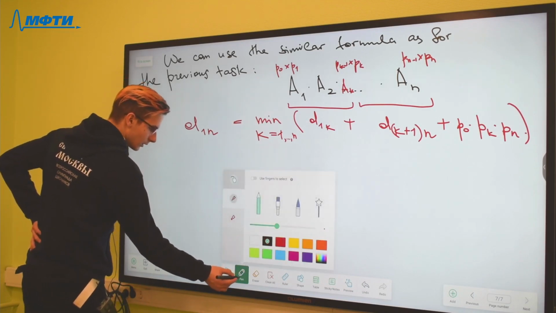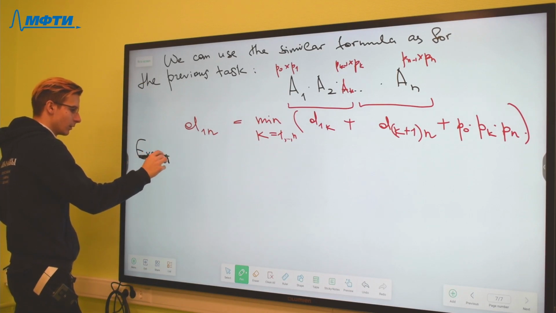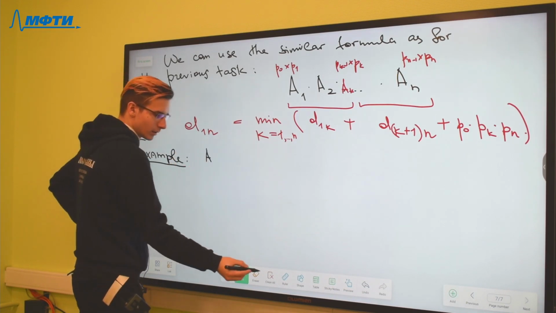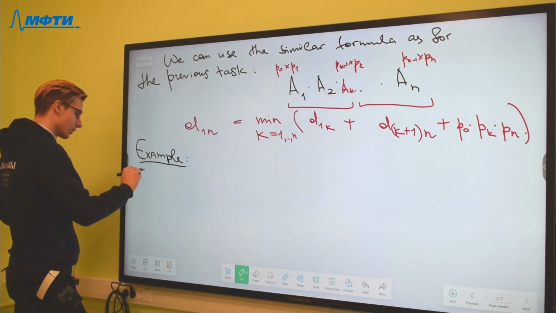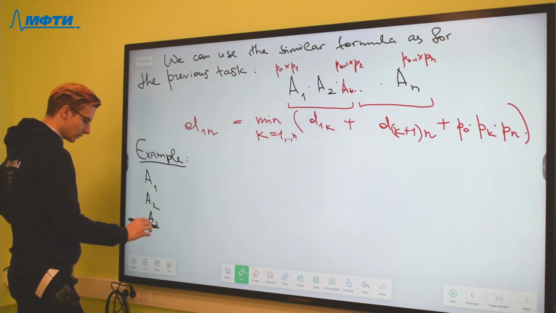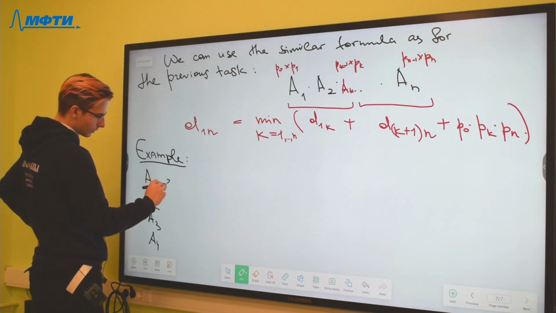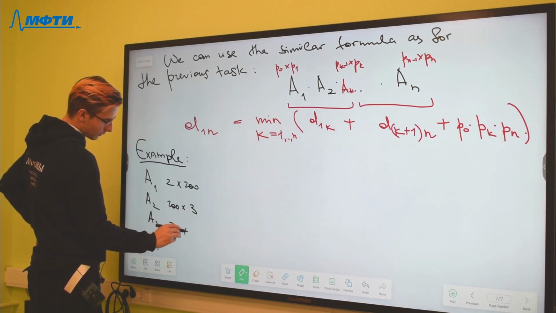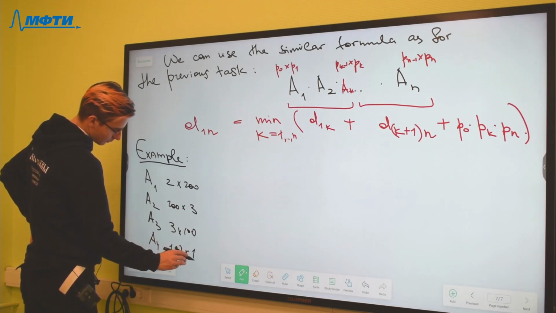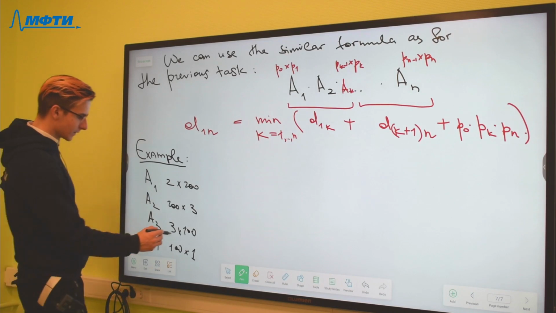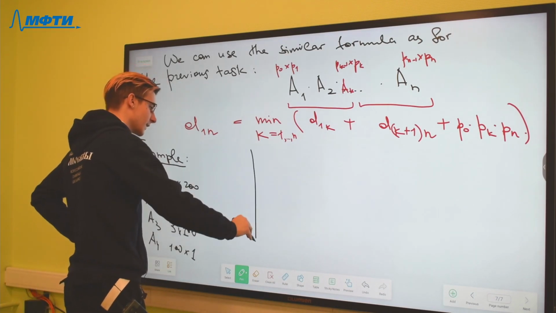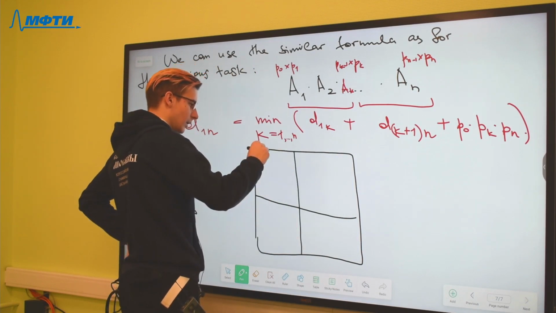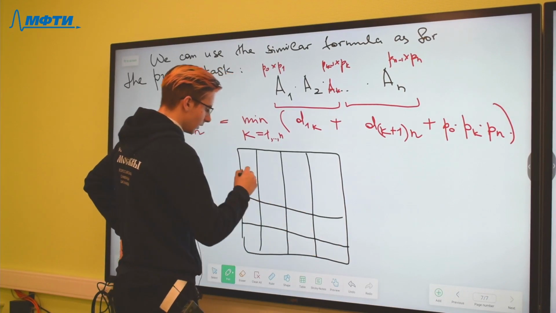As an example for the working of this formula, if we have matrices A1, A2, A3, A4, for example with these sizes, then we set the matrix in which we memorize information of the subtasks.